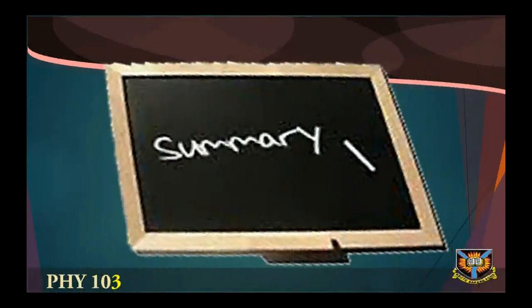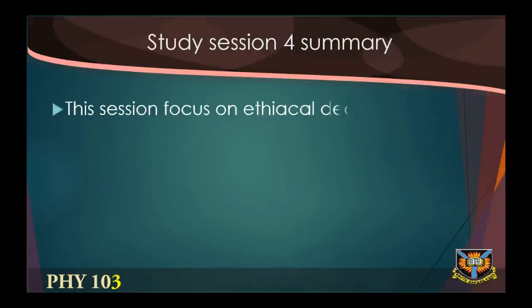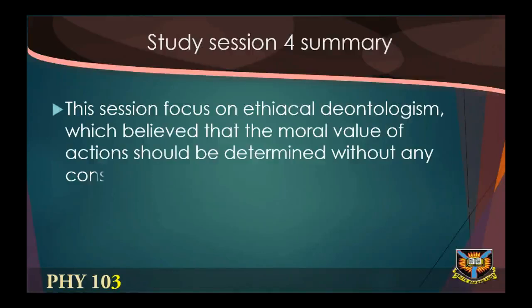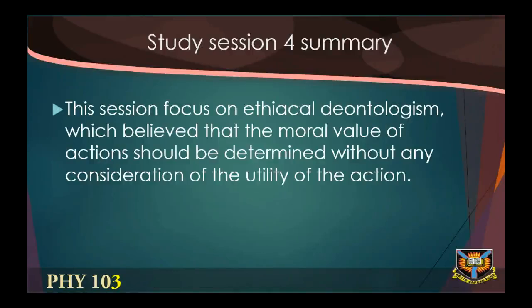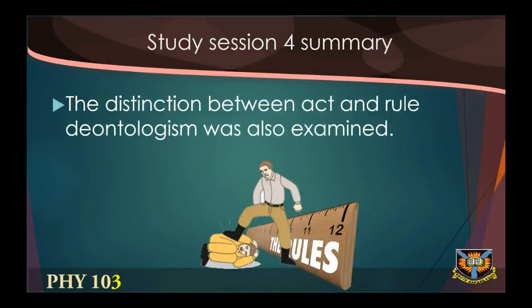Study session summary. In this study session, we focused on the ethical deontologism, which affirms that the moral value of actions should be determined without any consideration of the utility of the actions. We also considered the distinction between act and rule deontologism.